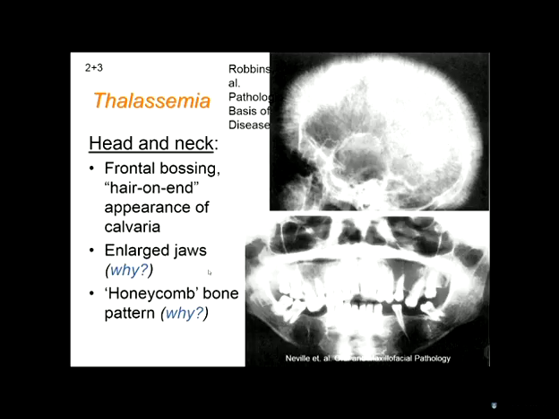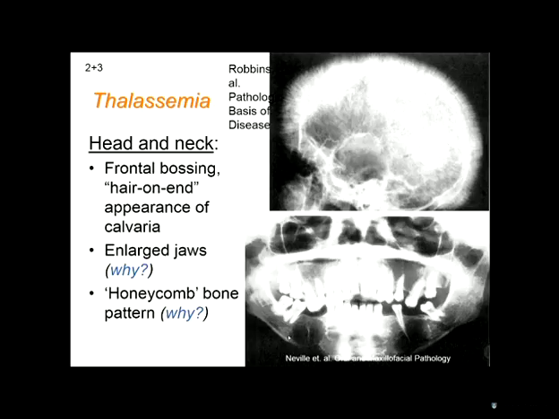And the features that are often asked about on exams are recognizing that there's a prominent forehead called frontal bossing. There is this hair on end appearance of the surface of the skull, also known as calvaria, and the jaws become enlarged.